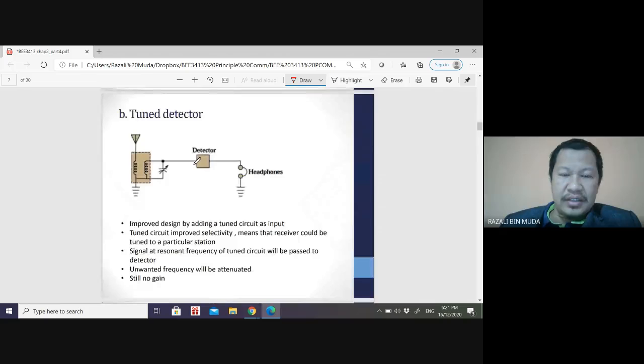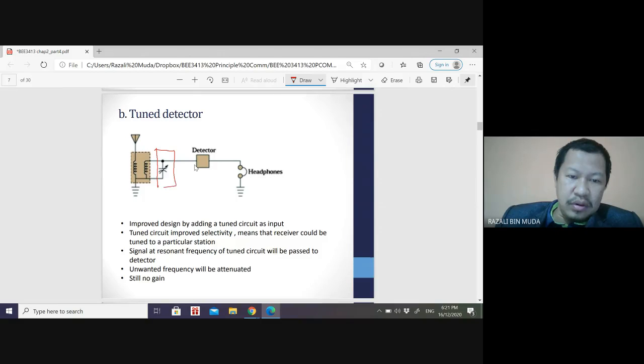Next is the tuned detector, where the previous circuit has been given tuning capability. The design is improved by adding a tune circuit as input. The tune circuit improves selectivity, meaning the receiver can be tuned to a particular station.